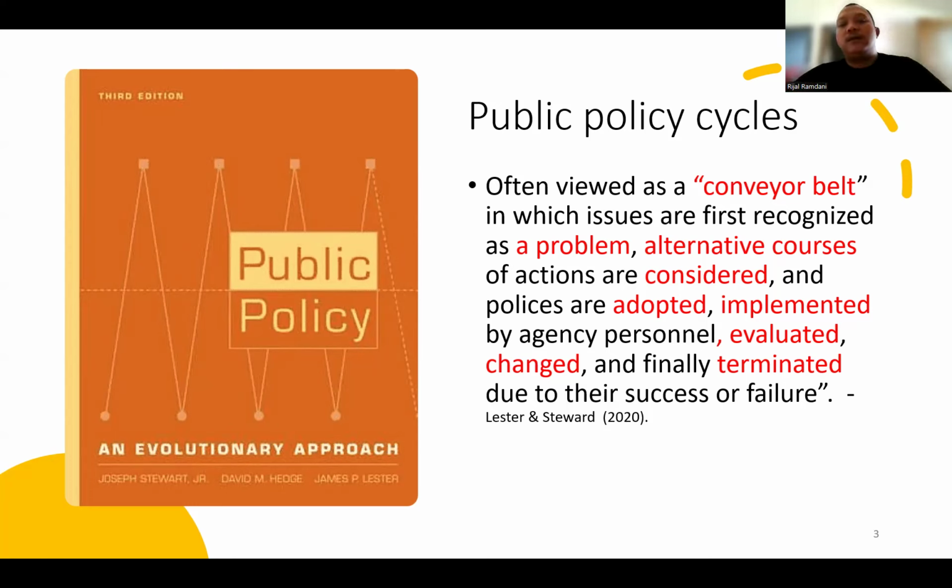So if you are referring to Lister and Stewart, public policy is like a belt. Do you know a belt is like a round belt like this? So first we have a problem, like a social problem, environmental problem, or any kind of problem. And then we try to find an alternative policy intervention to deal with the problem.